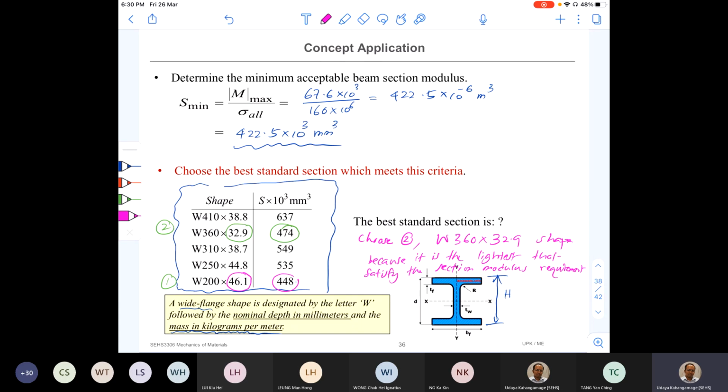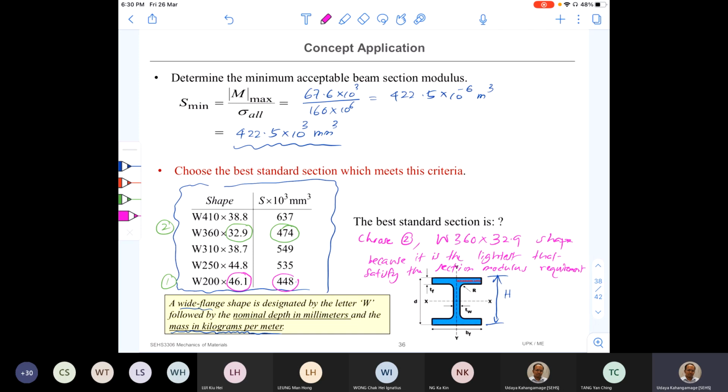With that, we can find out the maximum normal stress on the beam. Maximum normal stress is going to happen where the maximum bending moment is, and in the outer surface of the member cross section. Okay, so using bending formula, we can find out that stress.